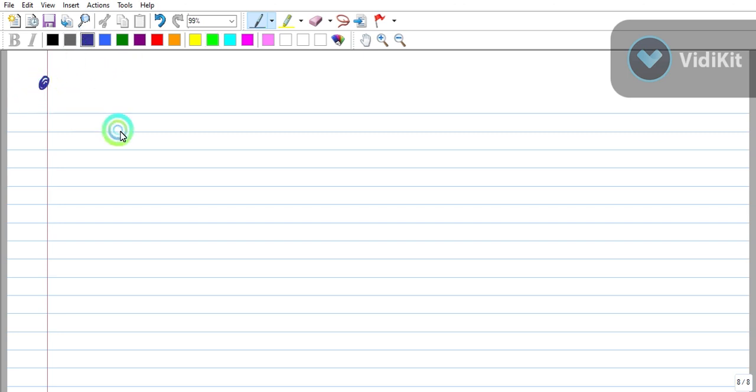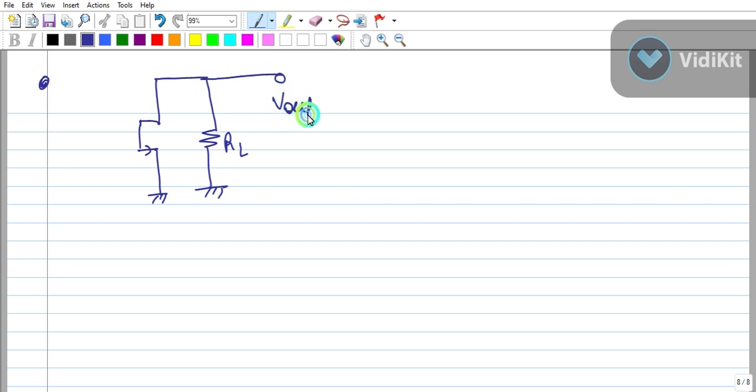Okay, so let me make the diagram. This is RL, and there is V out, V in, and this voltage is VO.